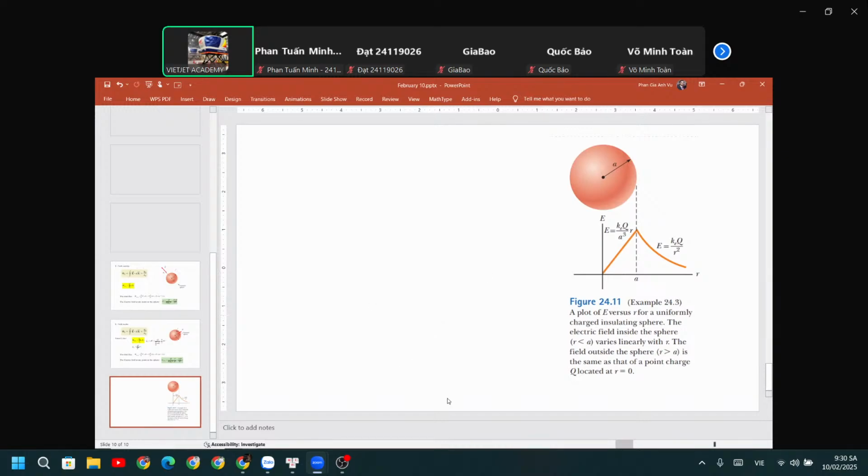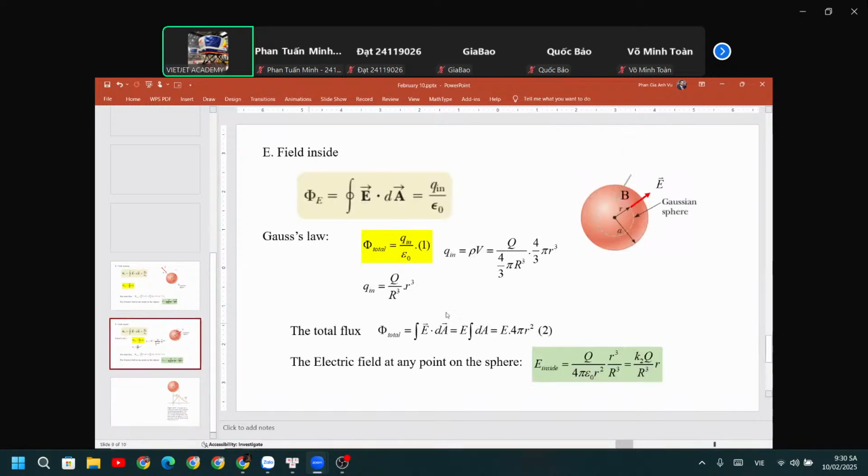But I have to use the A, right? Because A is the radius here, so I have to substitute the capital R with A. Capital R here with A. So you get the same formula as in the book.